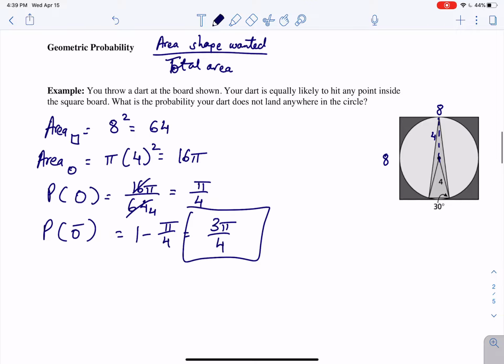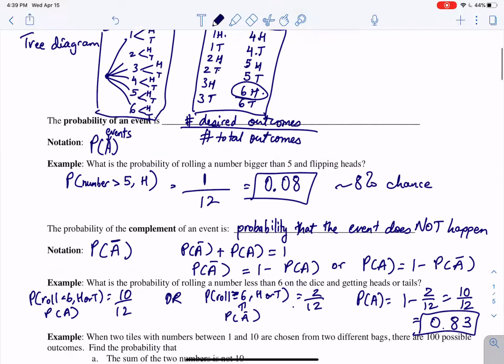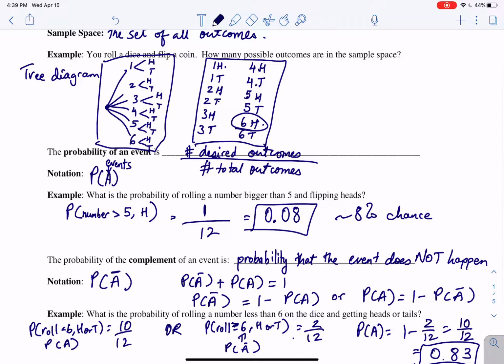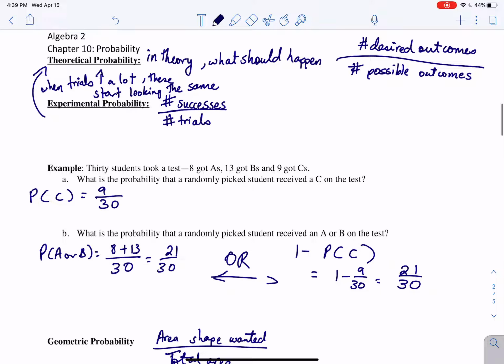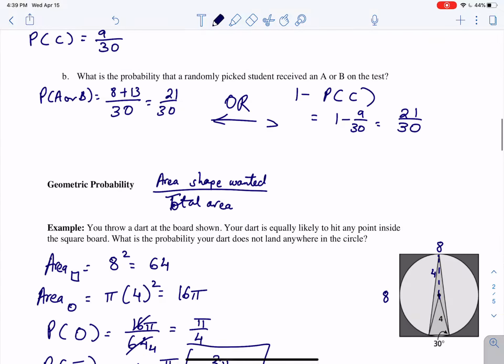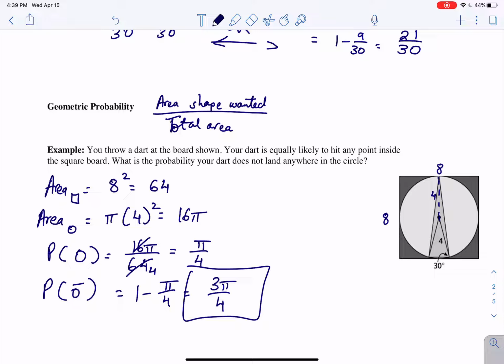So that's our introduction into thinking about probabilities. We have a few different ways to do it. We have thinking about sample spaces and counting things for theoretical probabilities. We have experimental probabilities, where we do an experiment and just count up how many times we got the outcome we wanted. And then geometric probabilities, where we have shapes and look at the areas of shapes to decide.